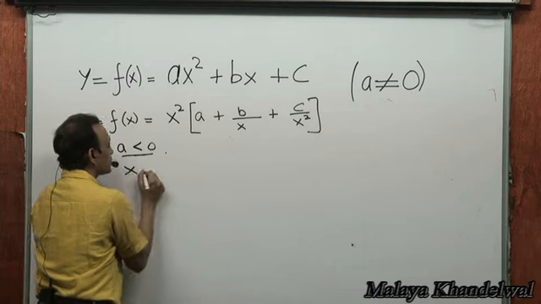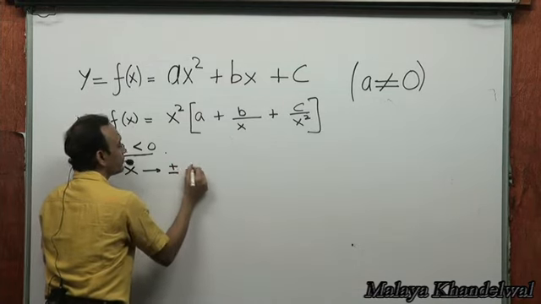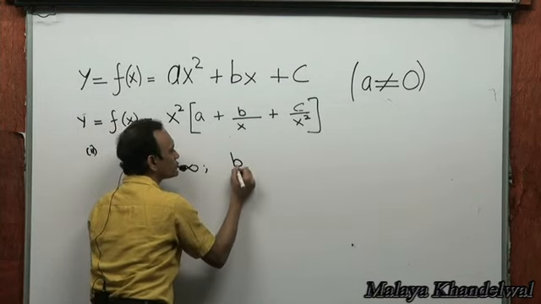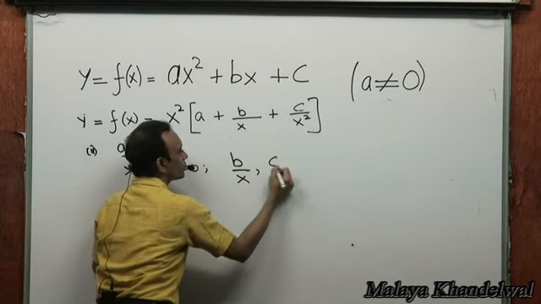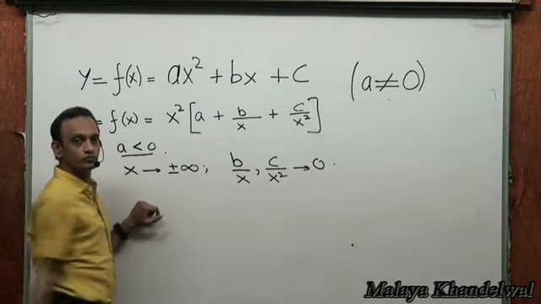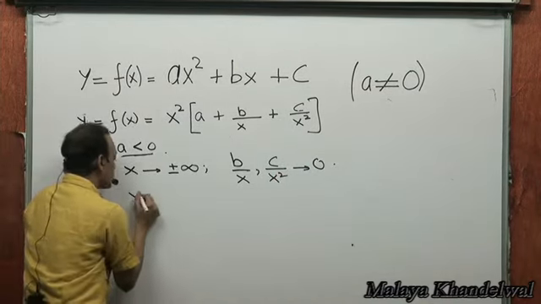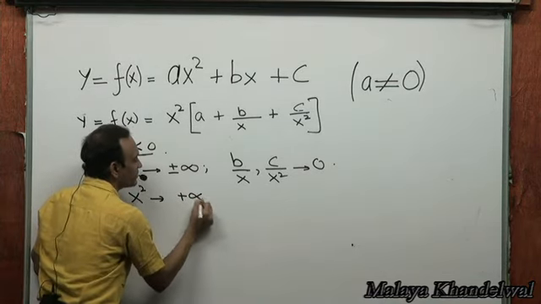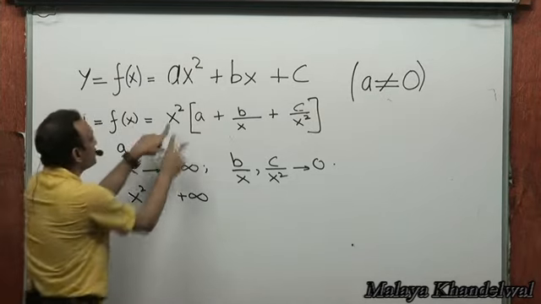As x tends to plus or minus infinity, in the same way, b by x and c by x squared would tend to 0. Right? x squared would tend to plus infinity.